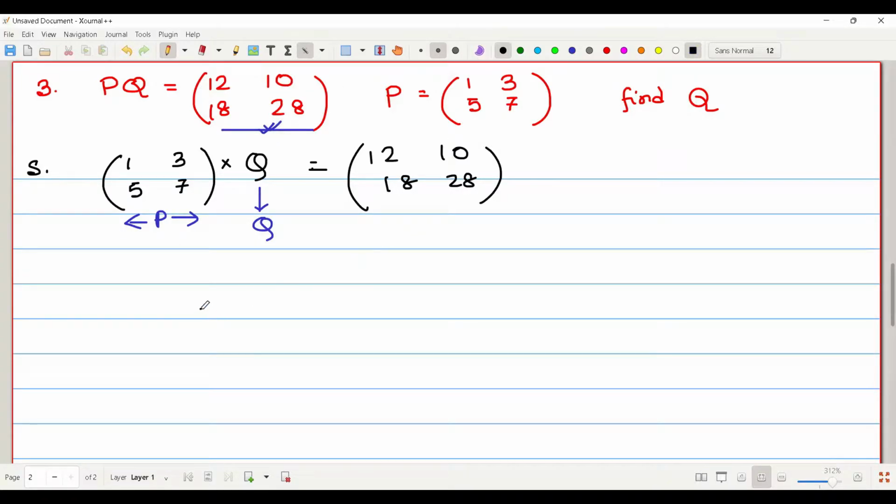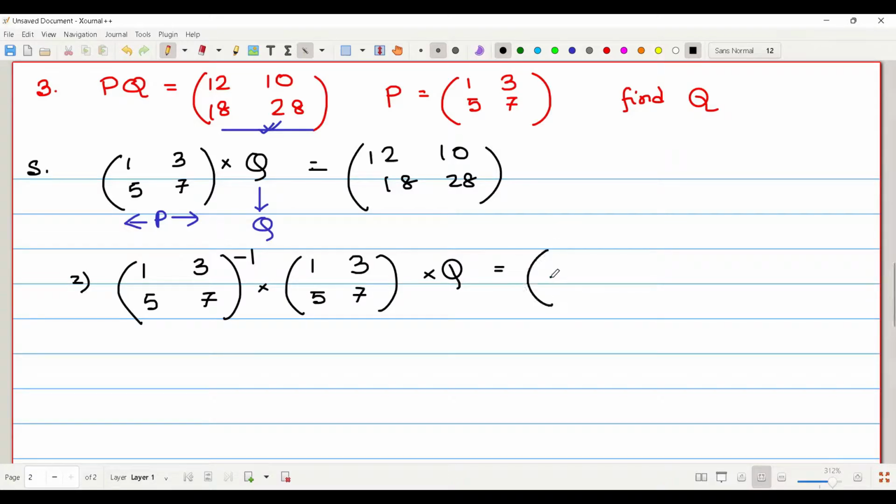So now we are multiplying the left hand side and right hand side with the inverse of the matrix P. That means we can write it like [1, 3; 5, 7] inverse into [1, 3; 5, 7] into Q is equal to, on the right hand side, the inverse of the matrix [1, 3; 5, 7], that is P inverse, into [12, 10; 18, 28].